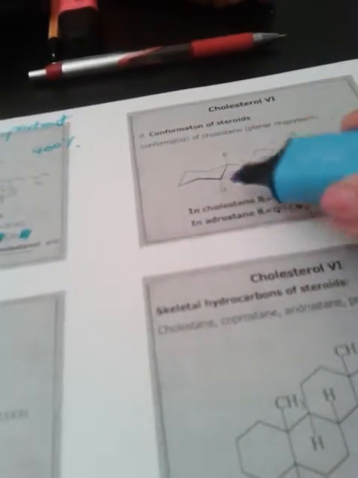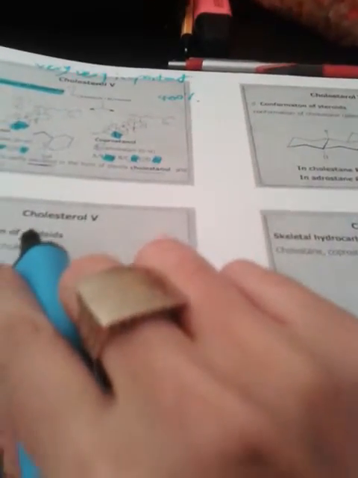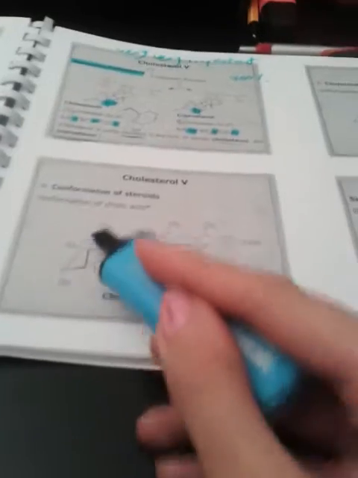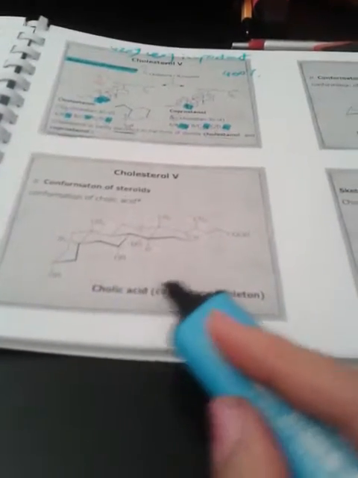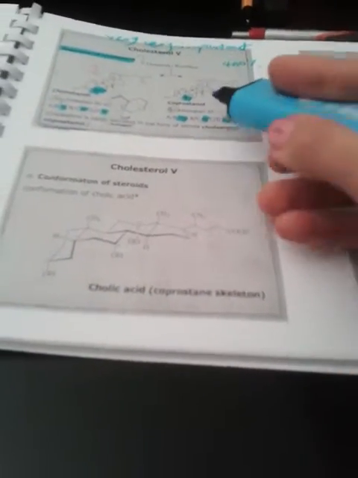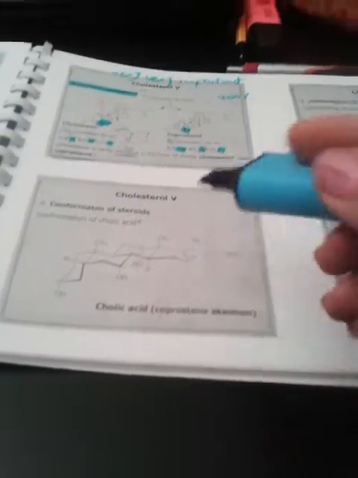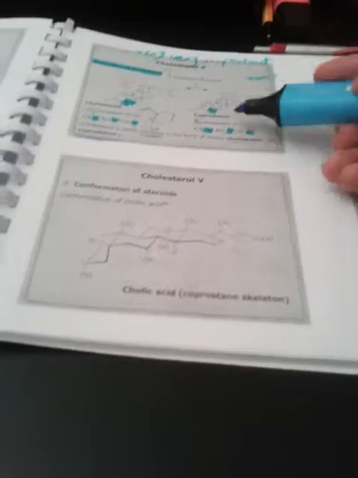Conformation of cholesterol: a planar ring system, and you see they are like a chair. Not important. Now, the conformation of cholic acid and steroid. See, this one is linear here. This one is like this, and this is a cholic acid or coprostan skeleton. What is the difference between this and this?